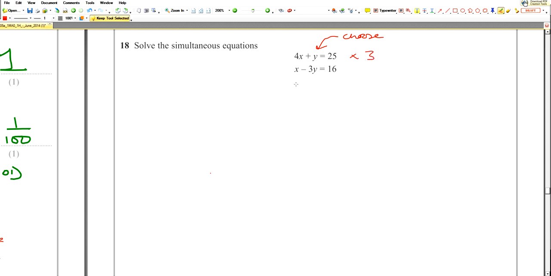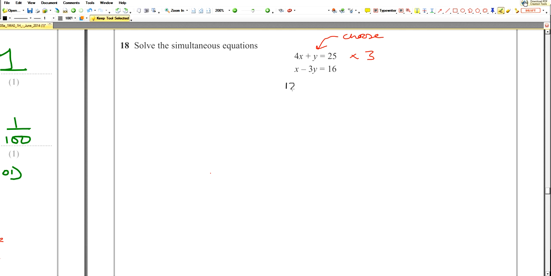So 4x plus y equals 25, we times it by 3, that gives us 12x plus 3y is equal to 25. Let's copy the original question underneath. 75. Pardon me, thank you. I forgot to multiply. Okay, let's try that again.